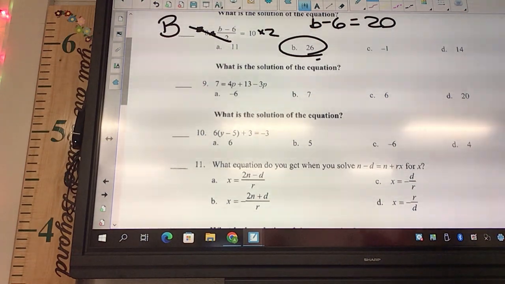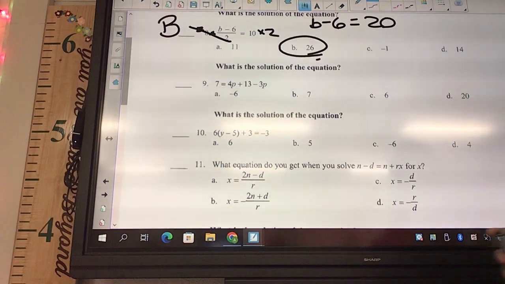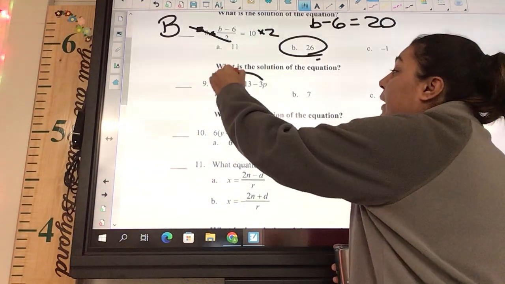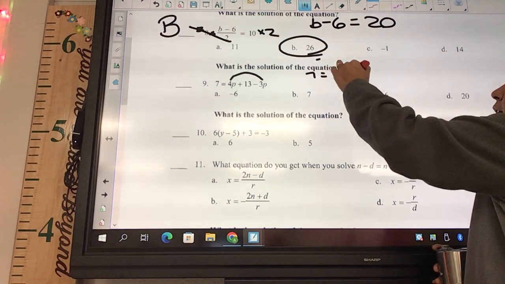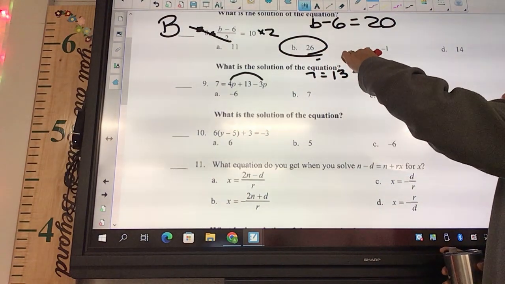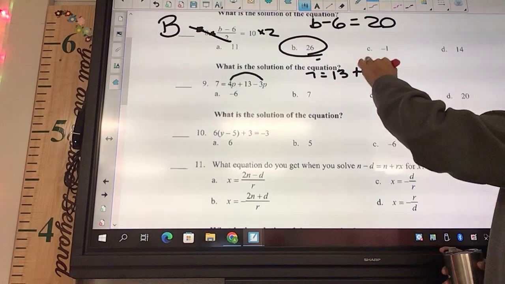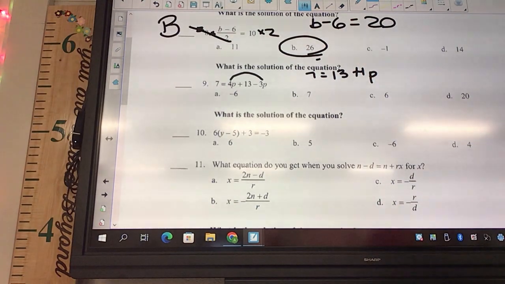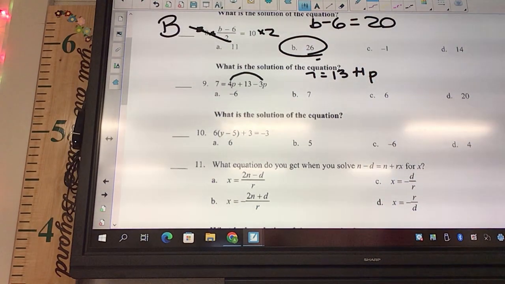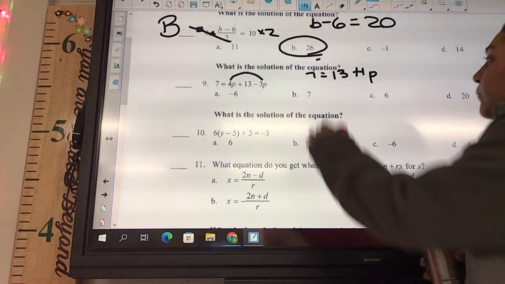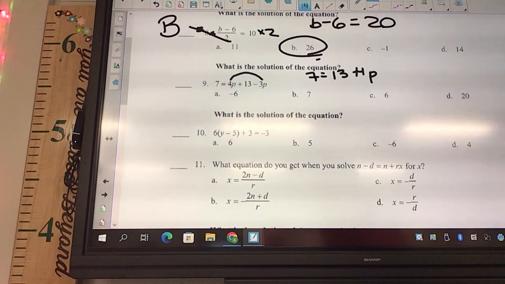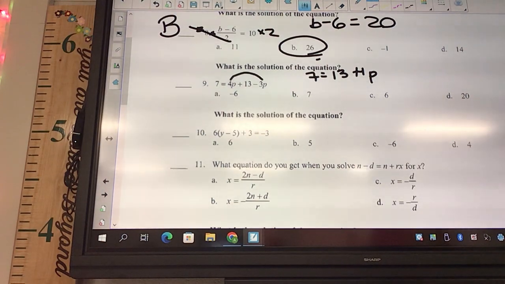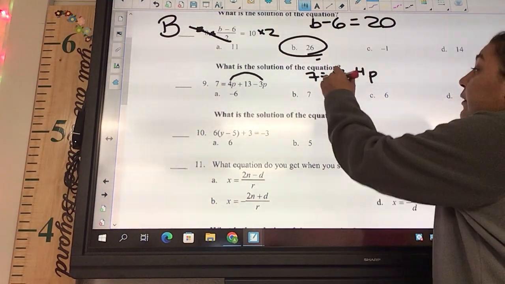Okay, 9, what needs done? Add 4 and negative 3, so what is 4 minus 3? So we're gonna get 13 and then plus 1p, okay? Then what? Okay, and then what? Subtract 13.